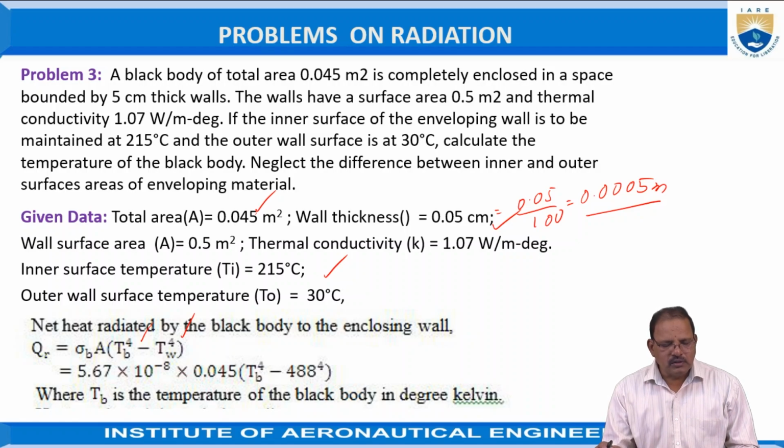Using this relationship, Q is equal to 5.67 into 10 to the power of minus 8, which is the sigma B value, times the area 0.05 meter square, times TB to the power of 4 minus 480 to the power of 4. Here TB is the temperature of the black body in degree Kelvin that we have to determine.